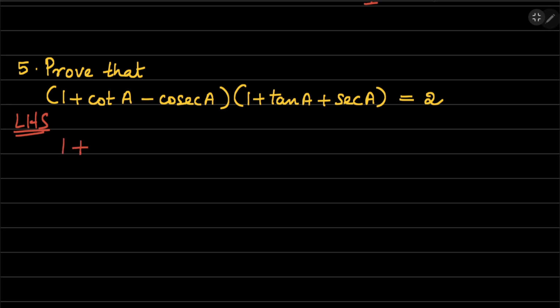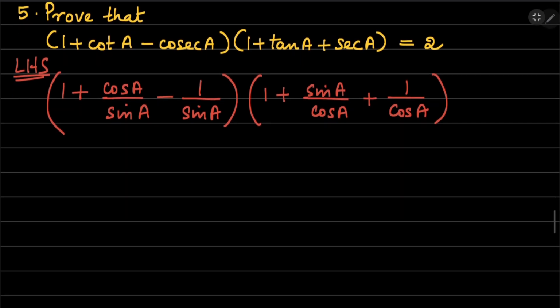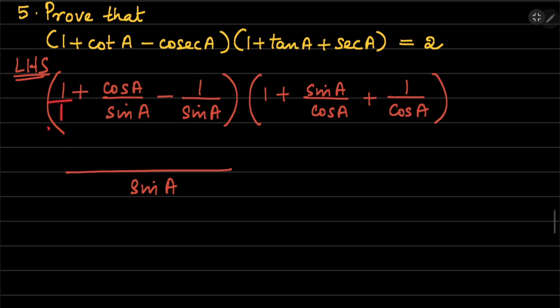That is 1 plus cot A, which can be written as cos A by sin A, minus, what is cosecant A? It is the reciprocal of sin A. Multiplied by 1 plus tan A, which is nothing but sin A by cos A, plus secant A is 1 over cos A. Right? Take the LCM. Here the LCM is sin A. So the first numerator: 1 multiplied by what will give you sin A?